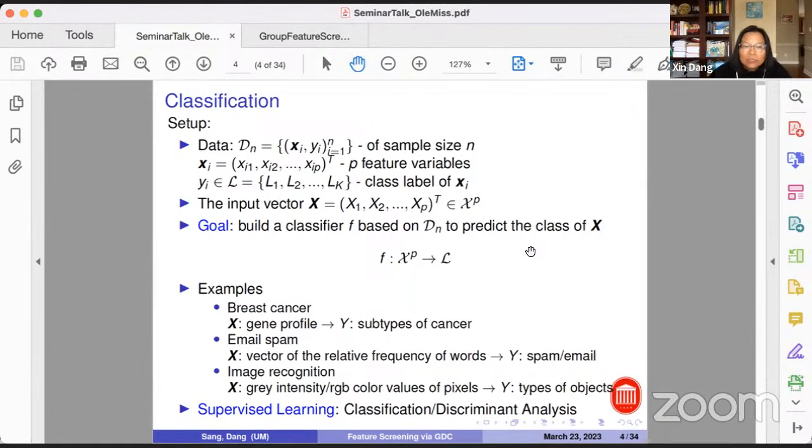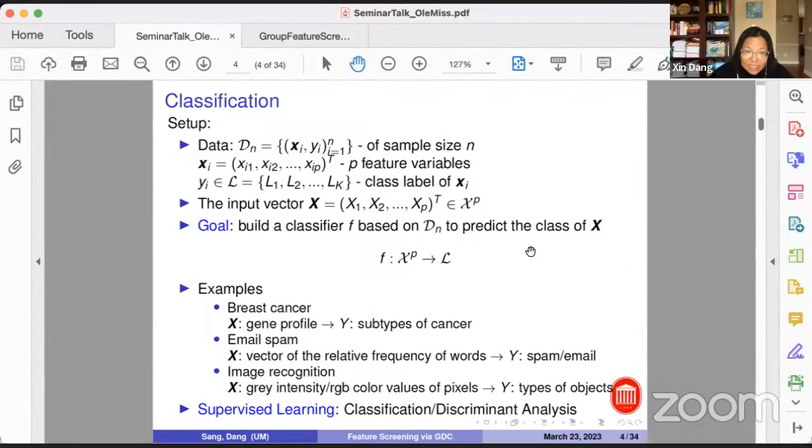Or you want to do image recognition based on the gray or green intensity, or if it is a color image, the RGB color values of each pixel in the image, to predict what objects are in this image.